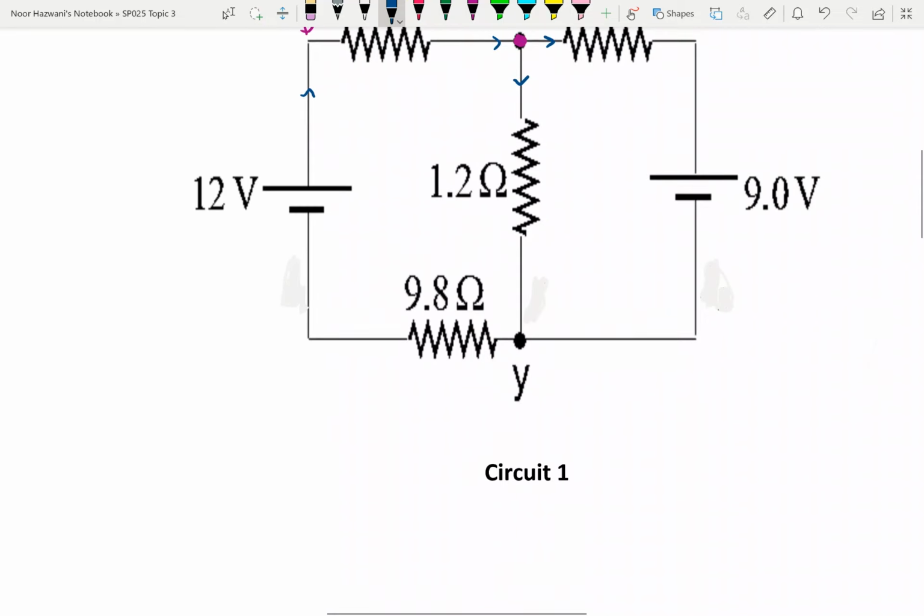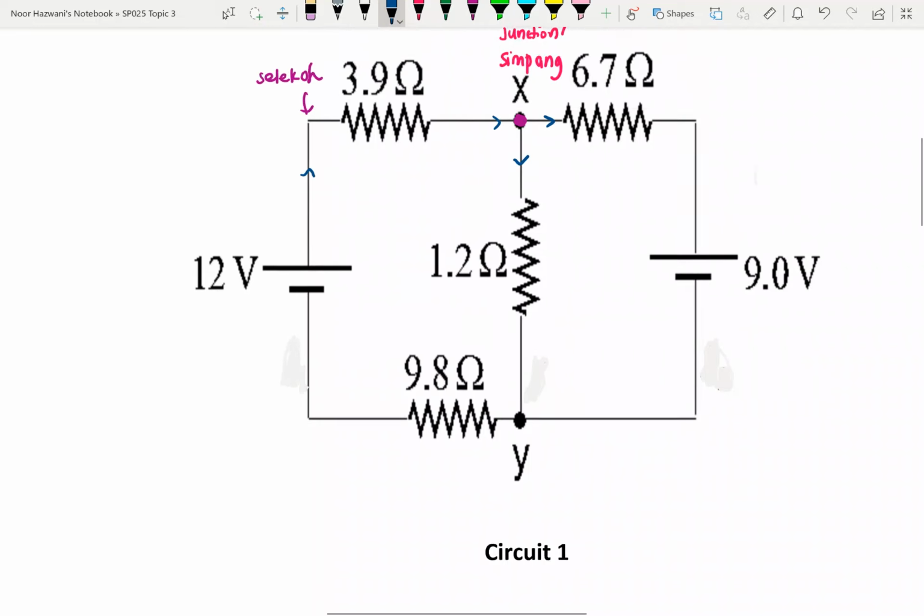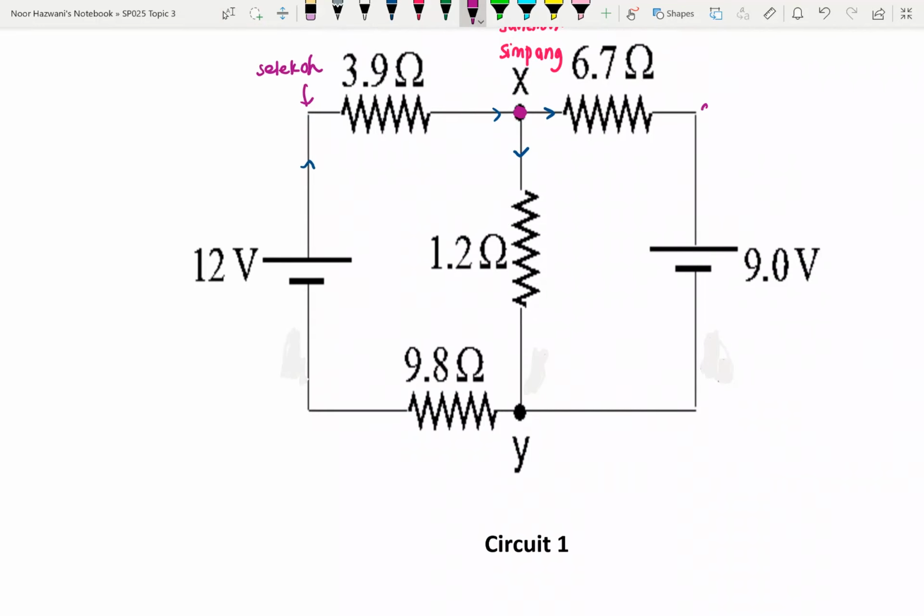Sama juga kalau dekat sini, ini hanya seleko. Current you jalan-jalan lagi, dia jumpa lagi ini juga kita panggil sebagai seleko. It's not a junction. Jalan-jalan lagi kita sampai point Y. Sampai dekat sini you punya current akan ada choice, nak ke sini ataupun ke sini.